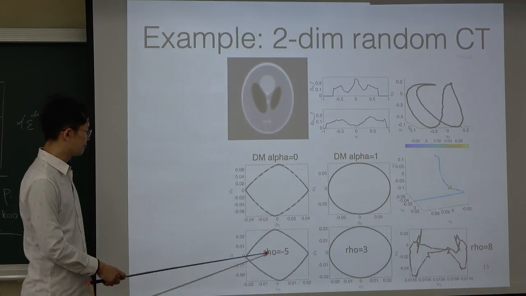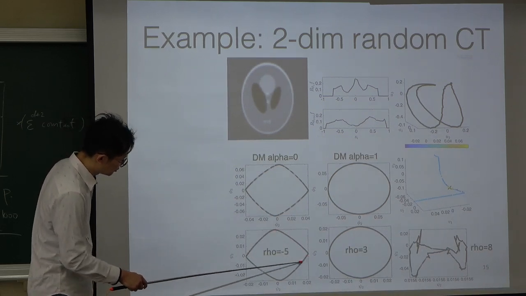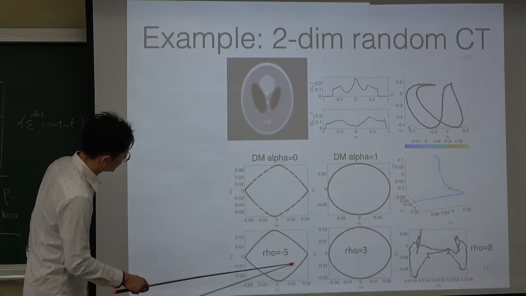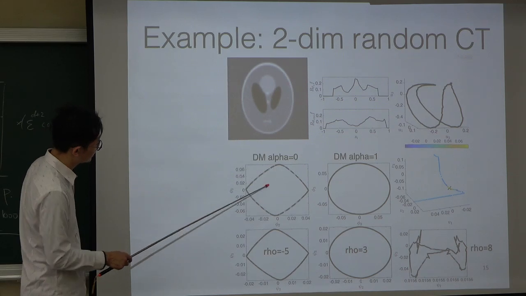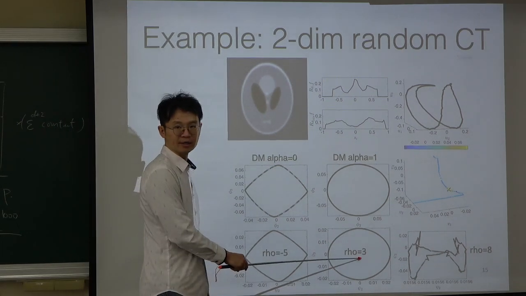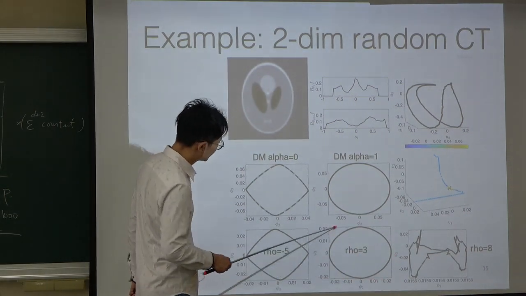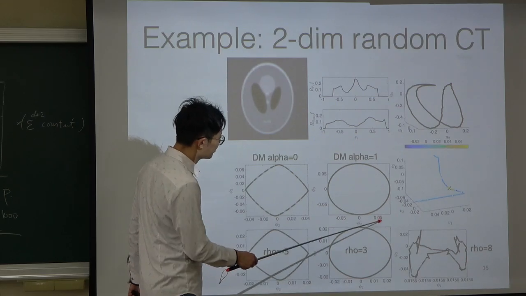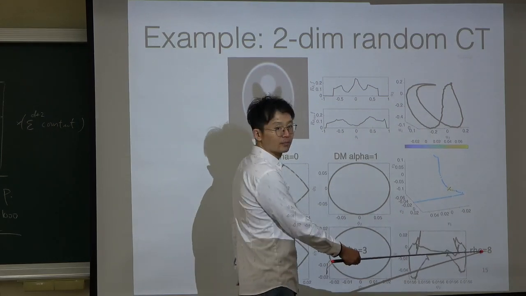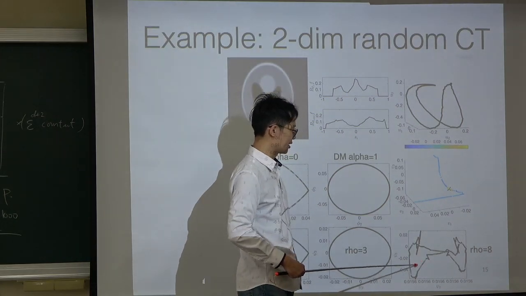And if you choose rho to be minus 5, then as predicted, it will depend on the density function, so it behaves like diffusion map with alpha 0, right? And if you choose rho to be 3, then as predicted, you will get the Laplace-Beltrami operator of S1 back. So it's very nice, this circle. But if you choose rho to be 8, what do you get? This is the embedding. And seriously, I don't know what it is.